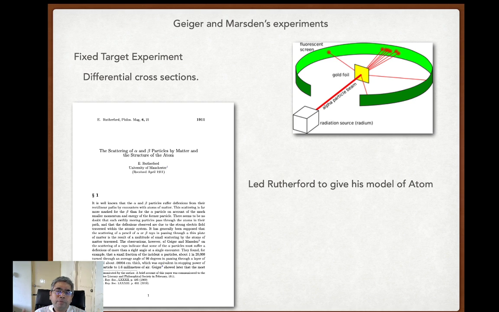Now, Rutherford, based on these experiments, because he could study the differential cross section of this experiment, you all know the Rutherford scattering experiment, could conclude that the atom has a substructure, and the substructure is not the way it was proposed by J.J. Thomson.